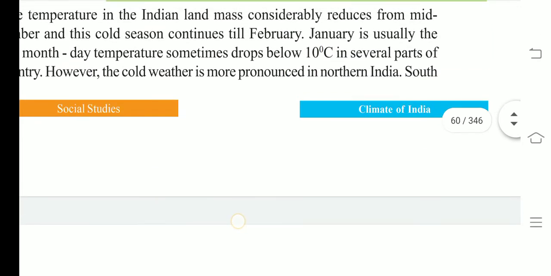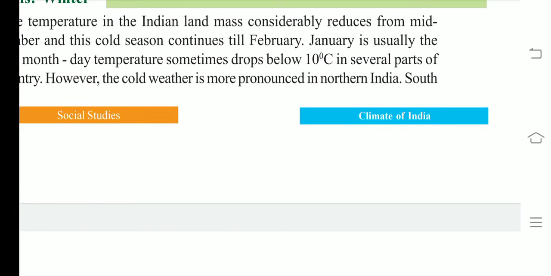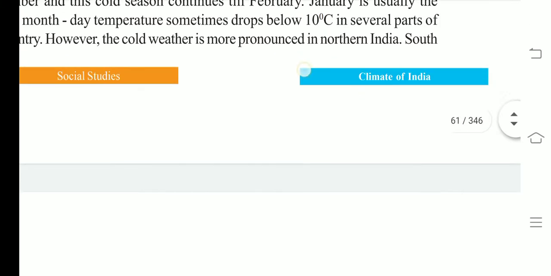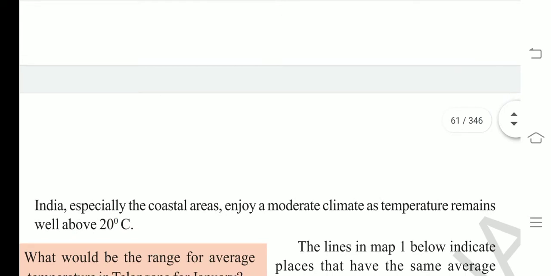My dear students, can you find the factor which is influencing the climate of a place? Let me put it this way: why is it 10 degrees centigrade throughout the northern part of India in the winter season, right? And why is the temperature 20 degrees centigrade in the coastal area in southern India, right?